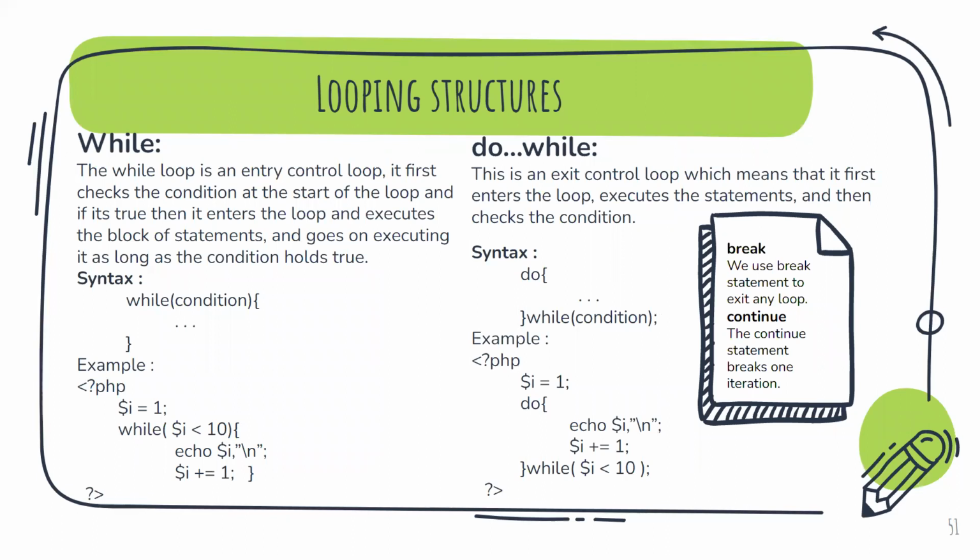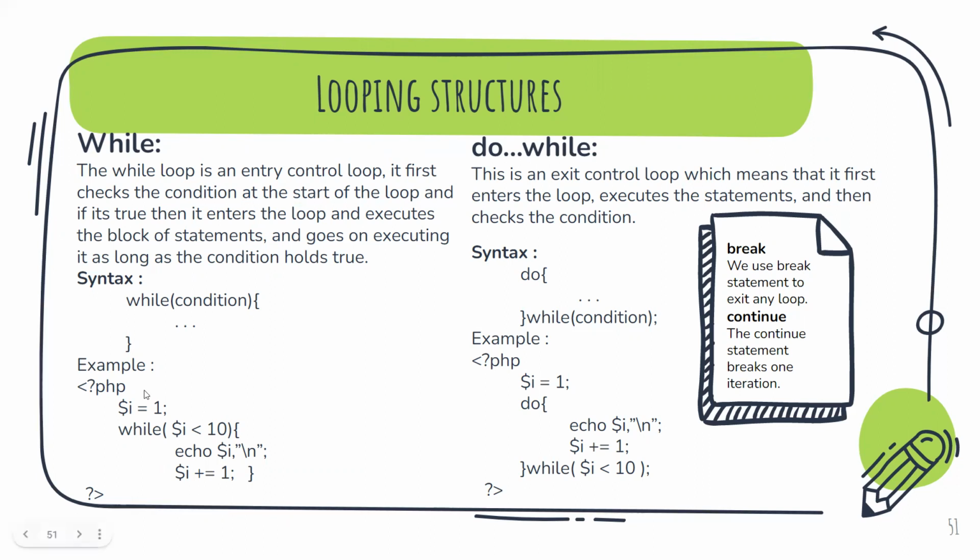In case of do while, we directly go into the do while block, and we won't check the condition at the beginning. Once the whole block is executed, at the end we check the condition. That's the reason do while is an exit control loop. This is the syntax for while, and this is the syntax for do while.